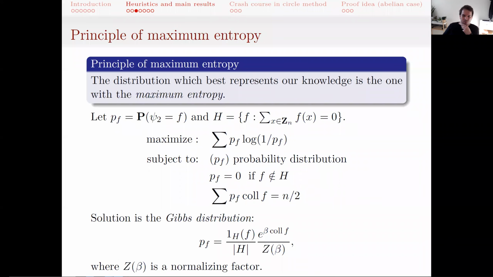You can do standard Lagrange multiplier calculations, and the solution is the Gibbs distribution, which is supported on this set H, and you also now have to calculate what this vector beta is. Z of beta is just a normalizing factor, so that P_f indeed sums to 1.